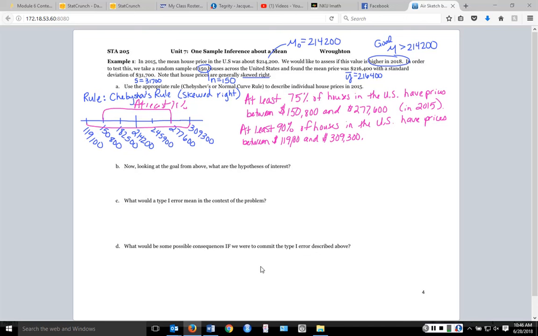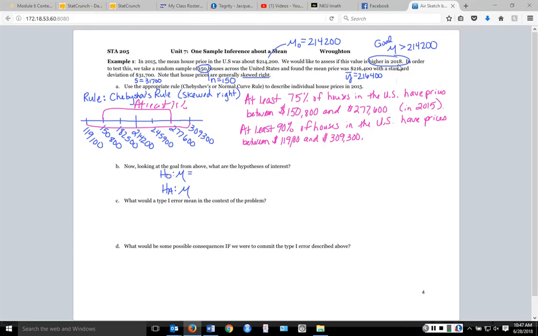All right, so that's something a little bit older. But now looking at our problem, what are our hypotheses of interest? Basically I'm asking you, what is H0? What is HA? Well, since I know price is a quantitative variable, I'm going to be using mu as my symbol. Our null hypothesis has that equal sign in it. The alternative sign we have to figure out by reading the problem.